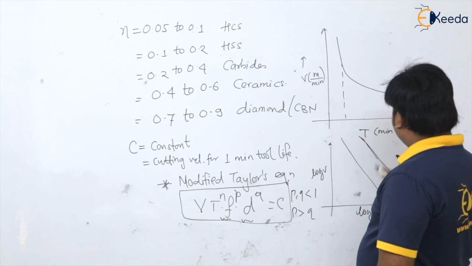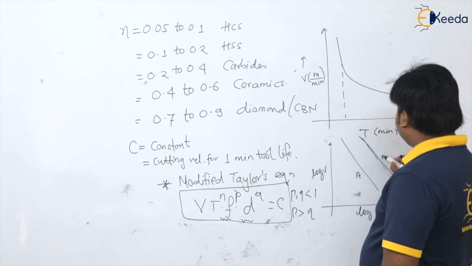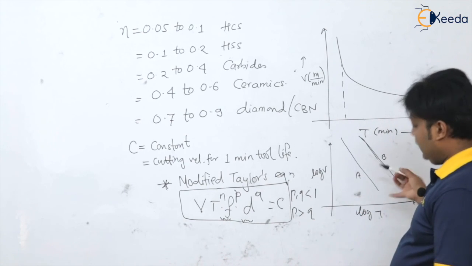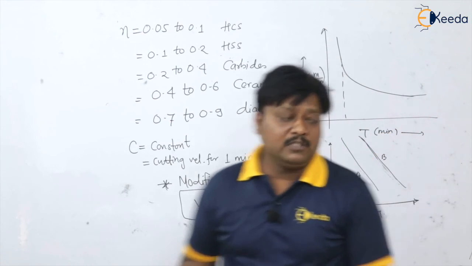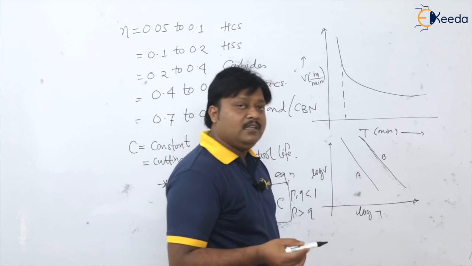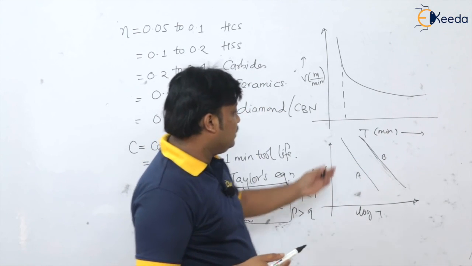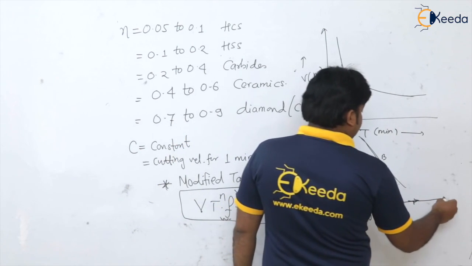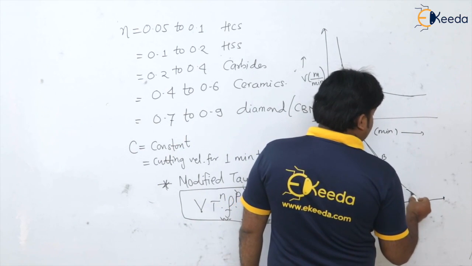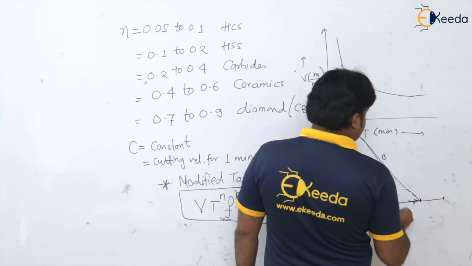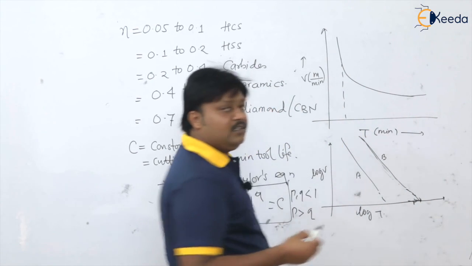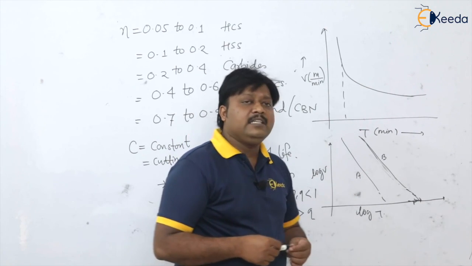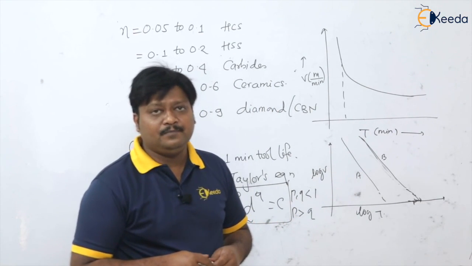Okay, so this is for tool A and this is for tool B. Here you can see these A and B tools have parallel lines with equal slopes, isn't it? The slope is the same. So what does it mean? That actually B has a higher value of intercept on the axis, so definitely the constant C for tool B is larger than the constant for tool A. Okay.